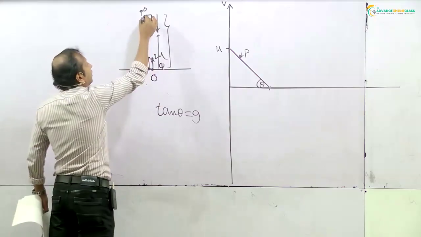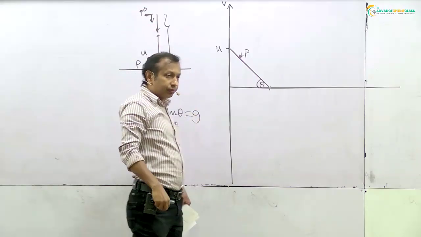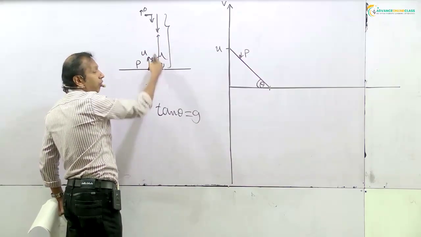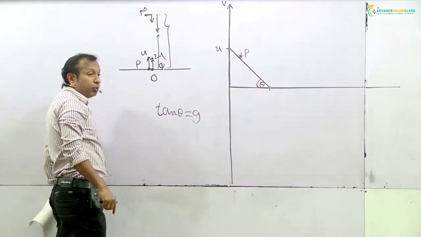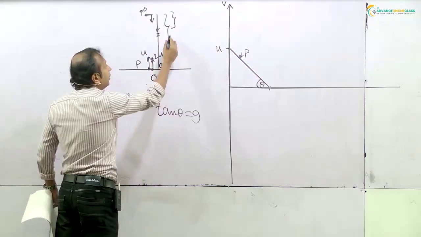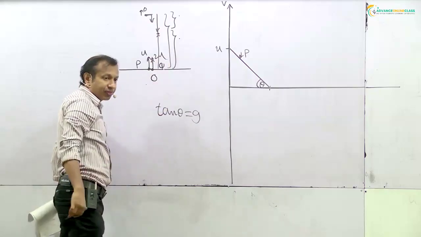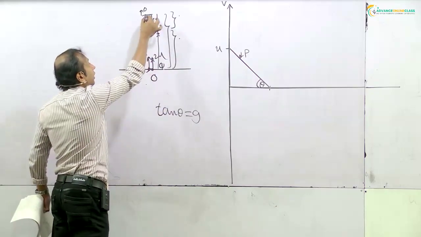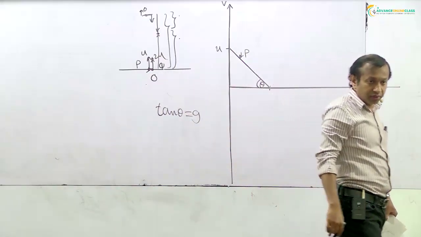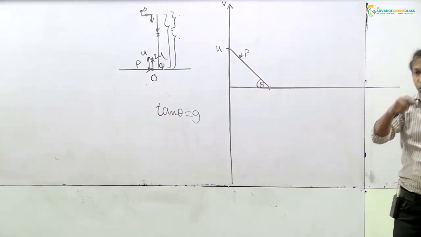Once they meet, this is the distance moved by P downward and this is the distance moved by Q upward. The sum of the displacements should be equal to the maximum height ascended by particle P. Am I correct? Yes, that idea you should have in your mind.